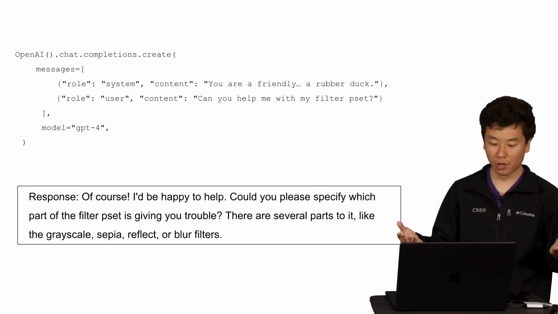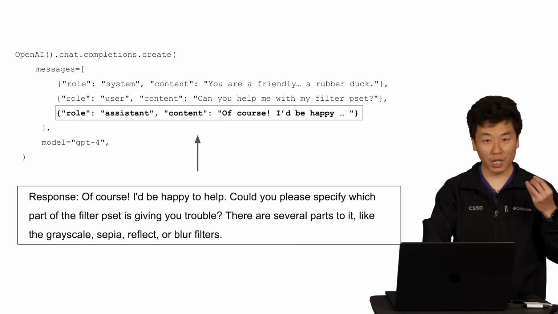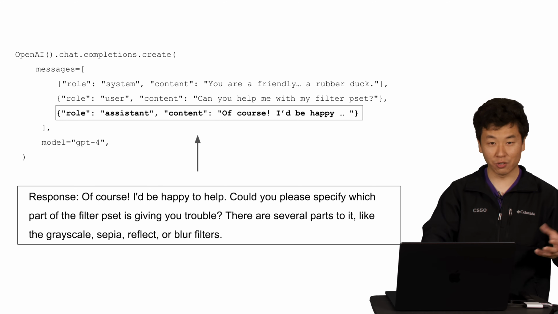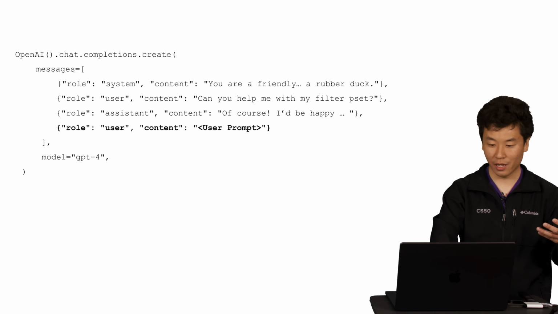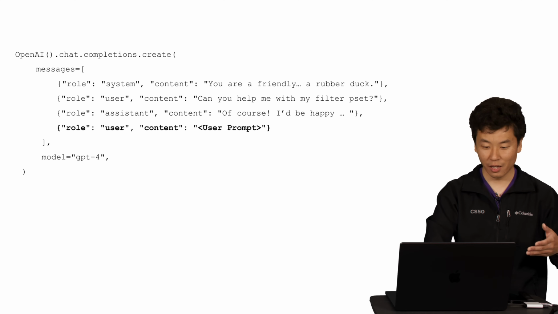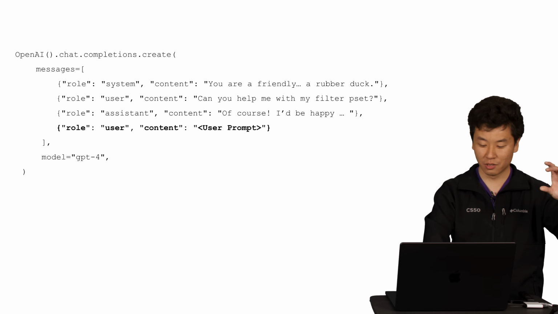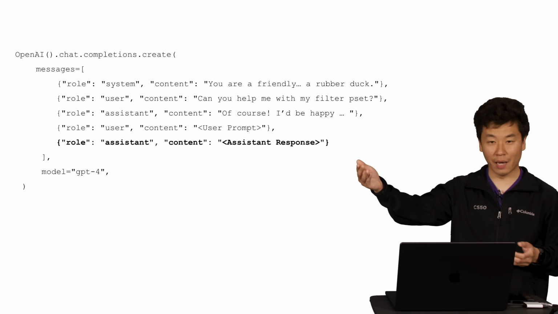It won't know what it itself just answered to me. In order to continue the conversation, we need to send back its own response in the payload, and then ask a new question there. So this is now 4 messages. Then I send it to the OpenAI chat completion API and get back a response.